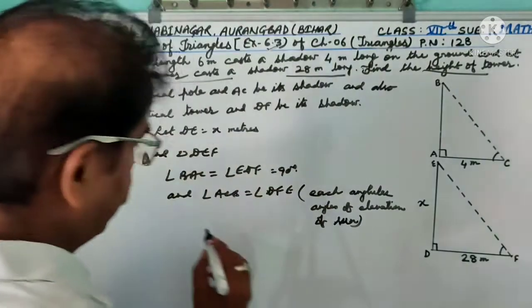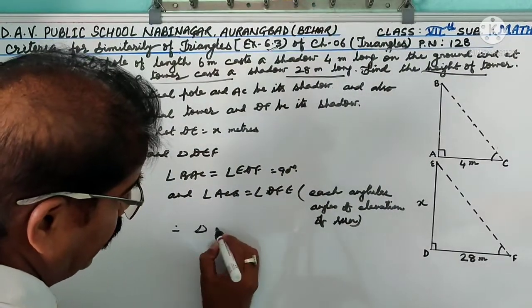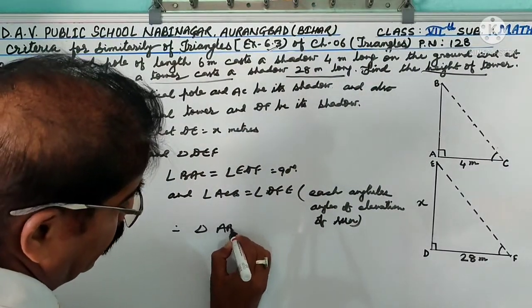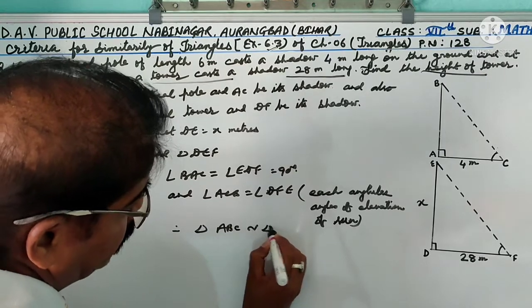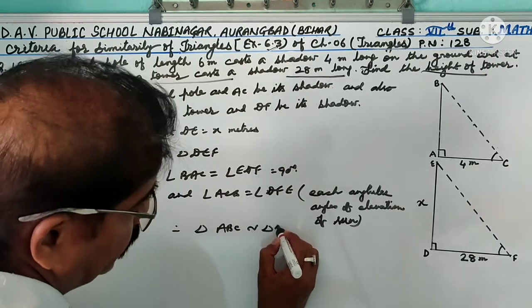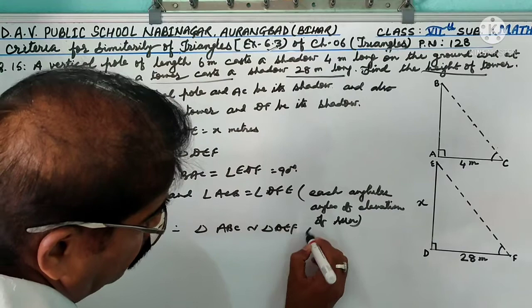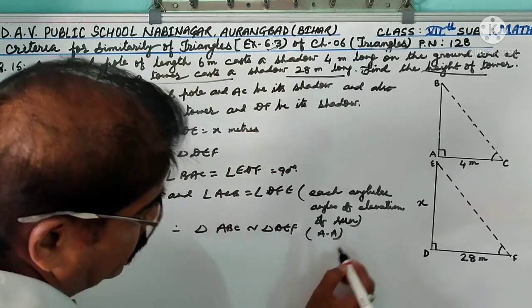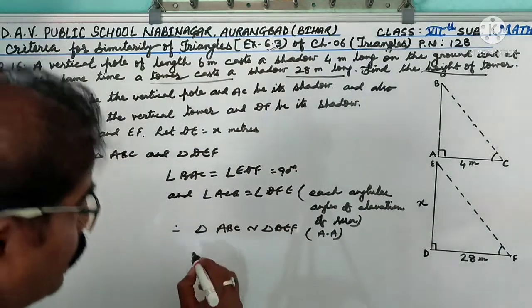So dear students, triangle ABC is similar to triangle DEF by angle similarity.